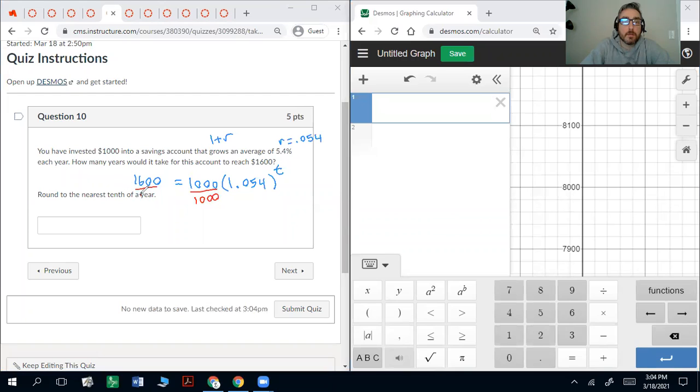Divided by 1,000, that's going to be 1.6. And put it in the log.